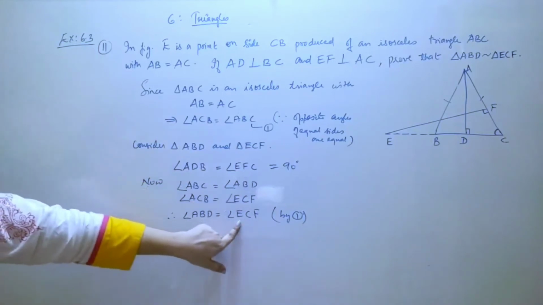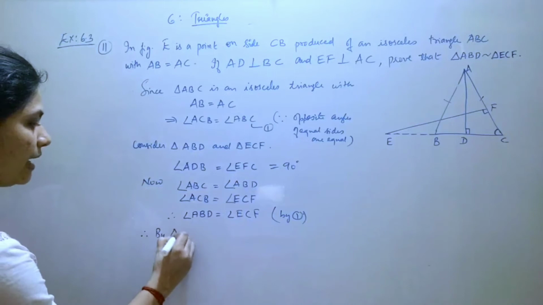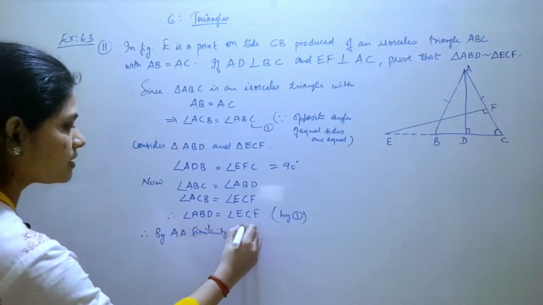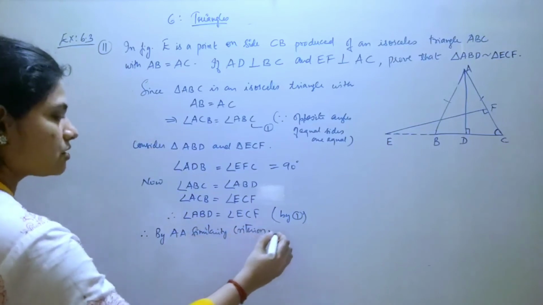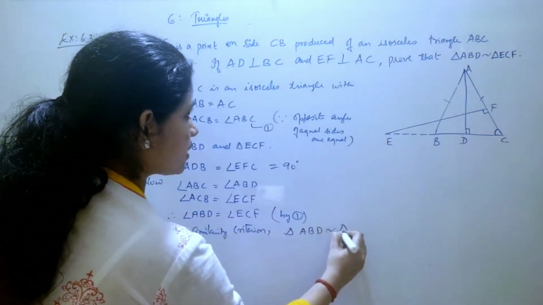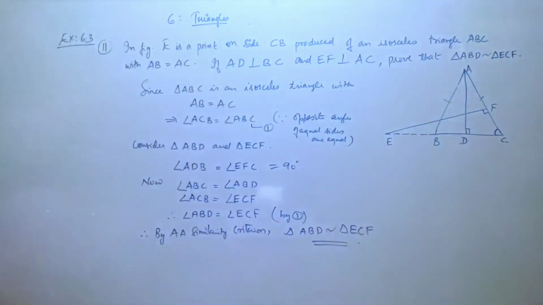This is the other pair. So you can say, hence by AA similarity criterion, triangle ABD is similar to triangle ECF. Clear?